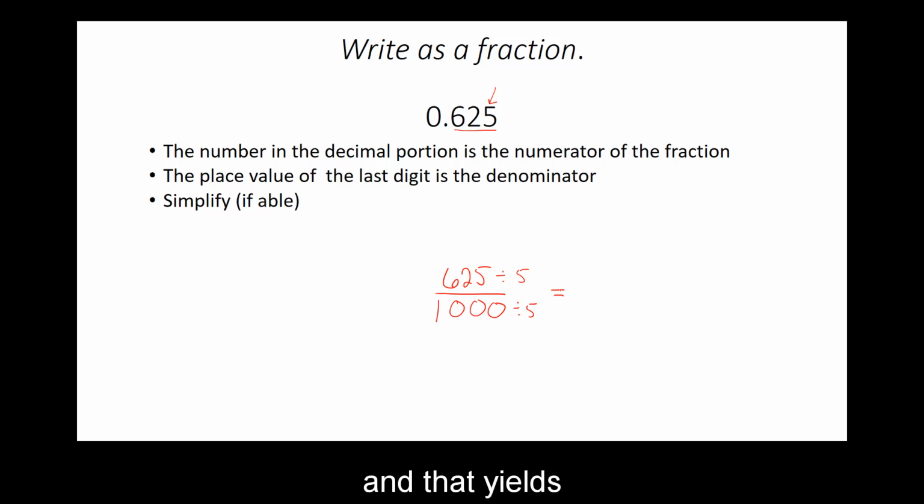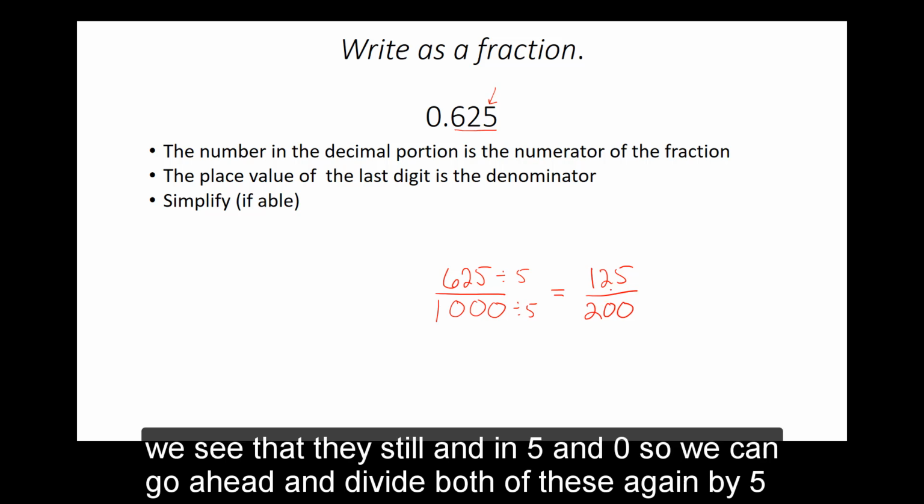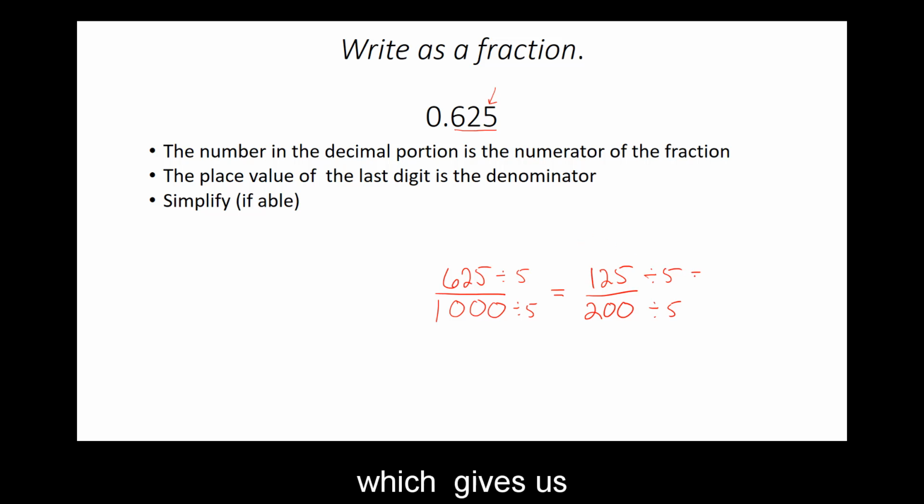And that will yield 125 over 200. I'm not going to show the division. I trust you're able to do that. Well, we see that they still end in 5 and 0, so we can go ahead and continue and divide both of these again by 5, which would give us 25 over 40.